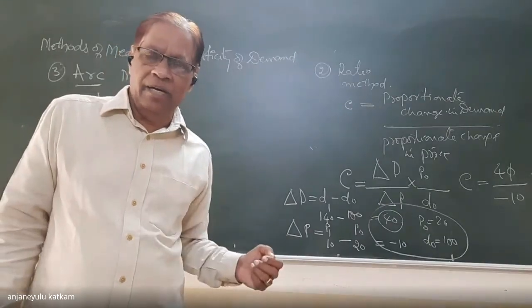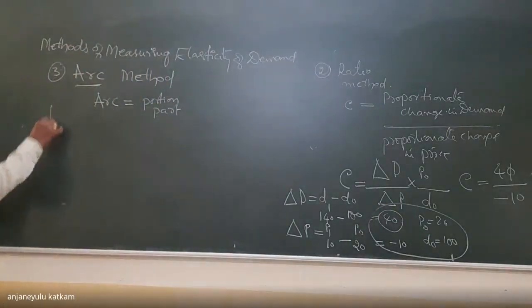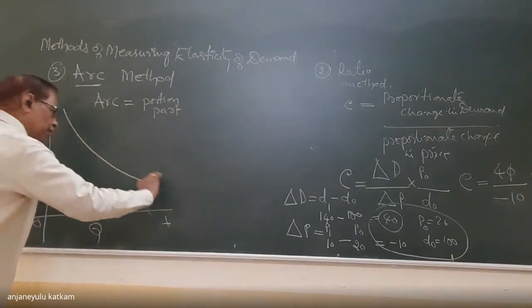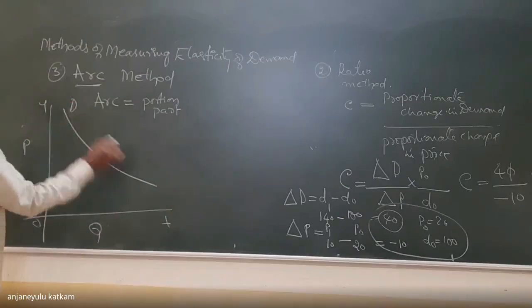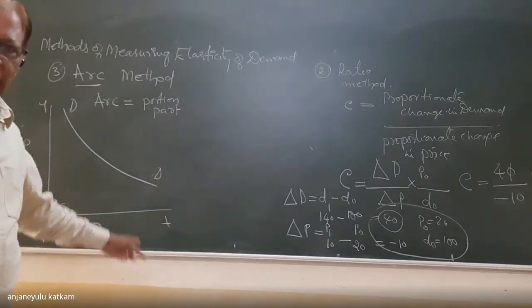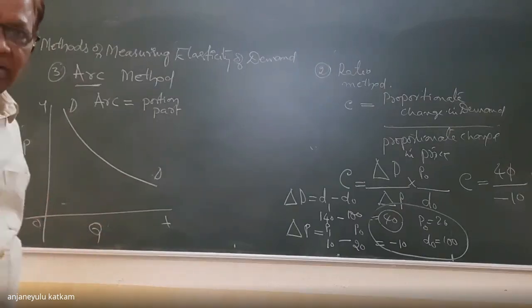And let us draw the demand curve first. Price here, quantity demanded here, an imaginary demand curve like this, D and D. Price on y-axis, quantity always on the x-axis.